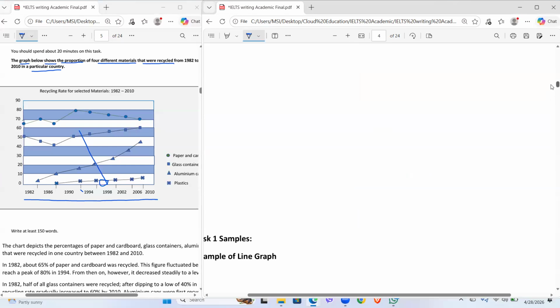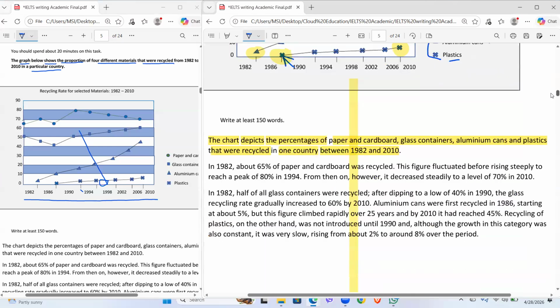And in body paragraph, let's move to the body paragraph. Yes. In 1982, now it is talking about paper and cardboard. Let's see. In 1982, about 65% of paper and cardboard was recycled. So here is about. Why about? Because maybe it is 65 or maybe 66. We are not sure. 65%, so about.